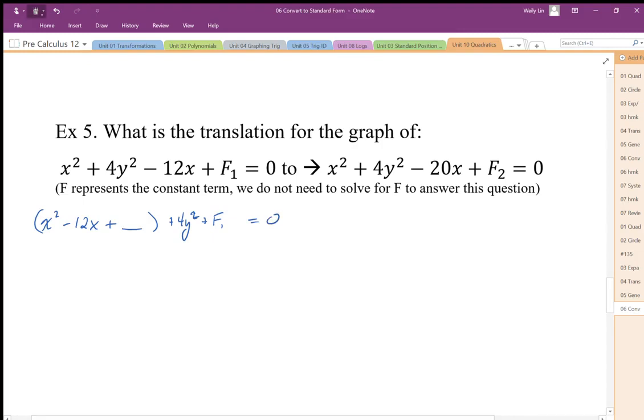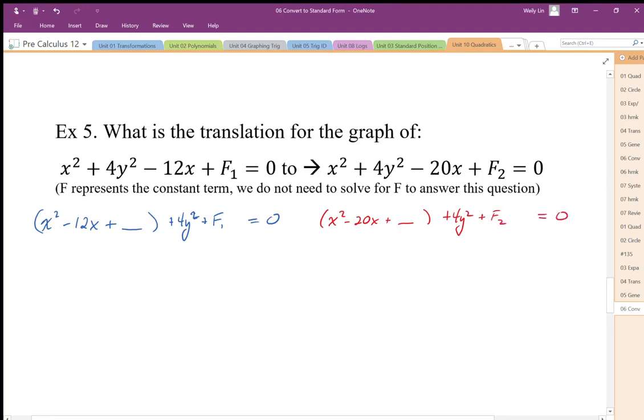Then I want to compare that to what happened here, so I'm going to do the same. I need to find the center here: x squared minus 20x plus blank, plus 4y squared plus f2 equals 0.